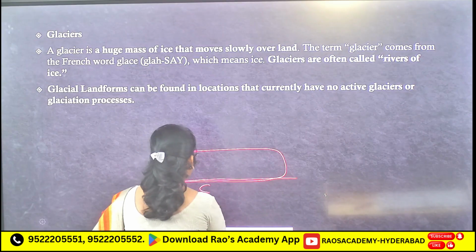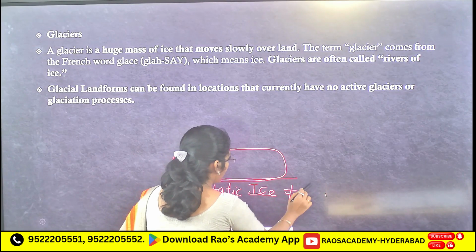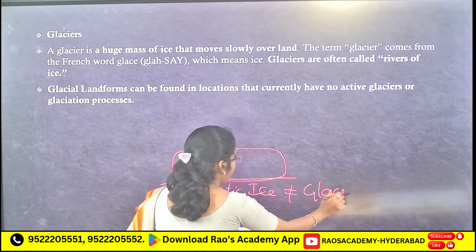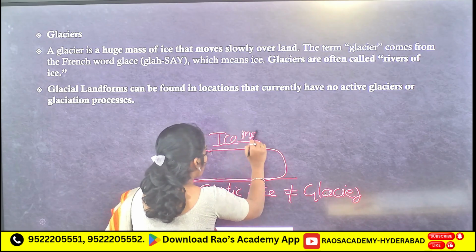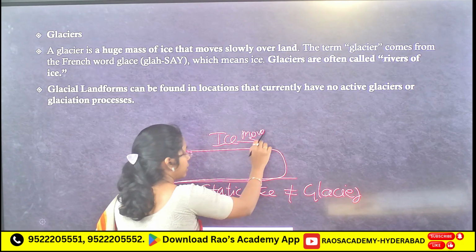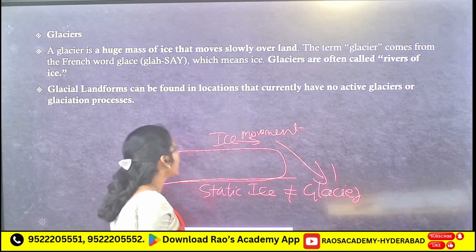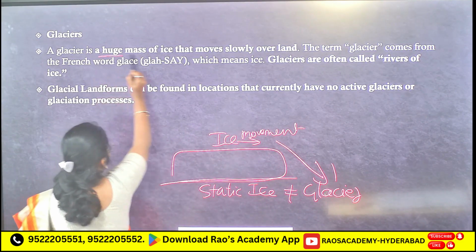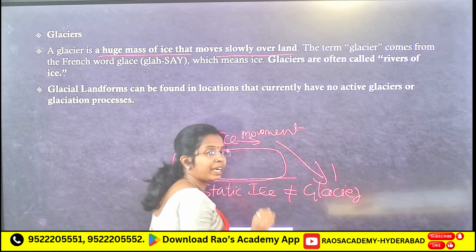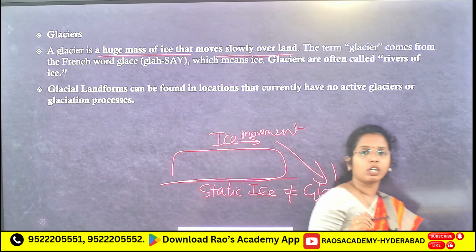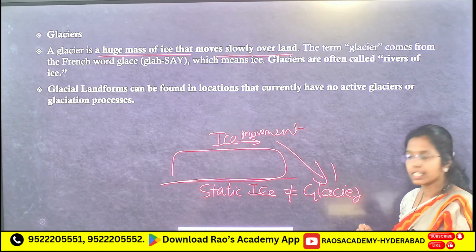No. Static ice is not a glacier. When a huge body of ice moves, you will see movement, then it is known as glacier. Glacier is a huge mass of ice that moves slowly over land. Movement has to be there. Then only we will call that large mass of ice a glacier.